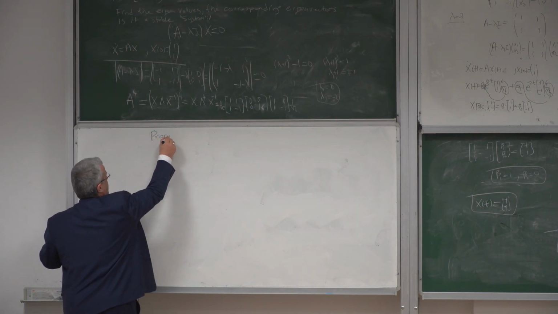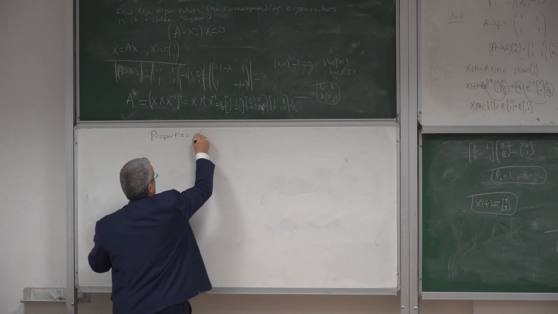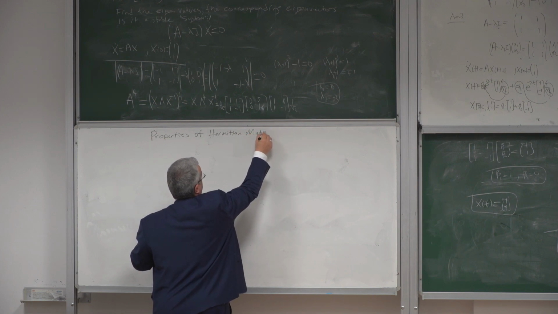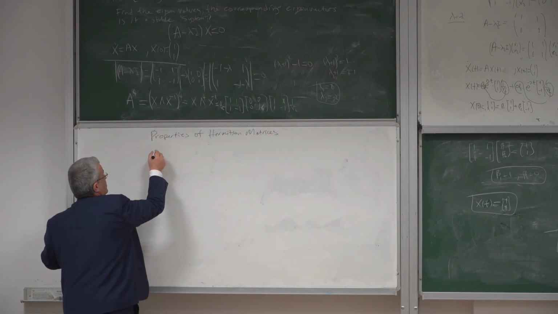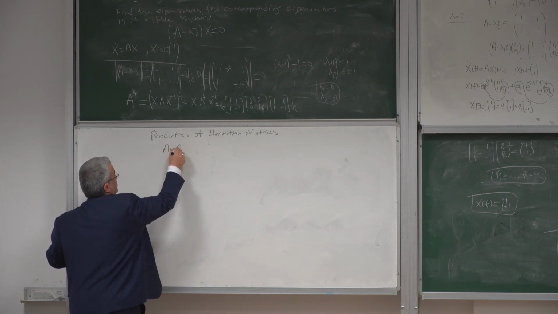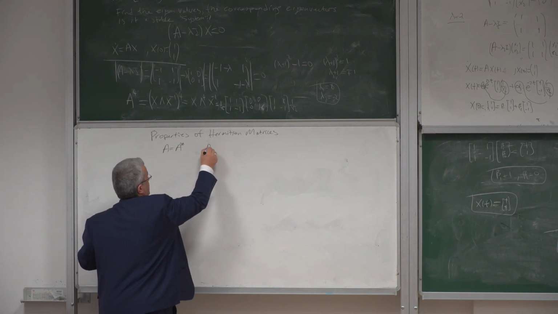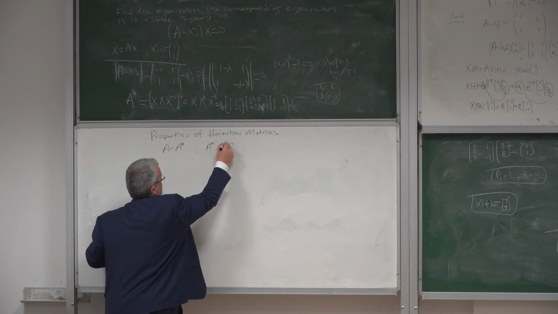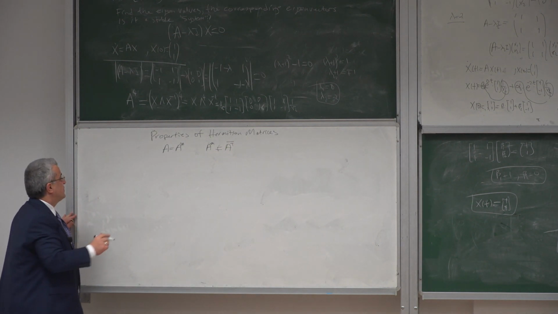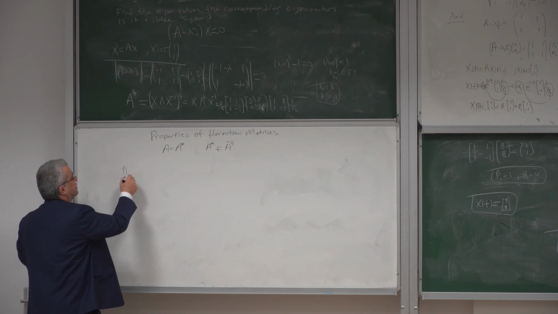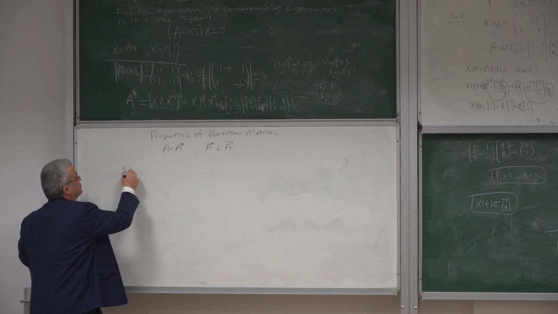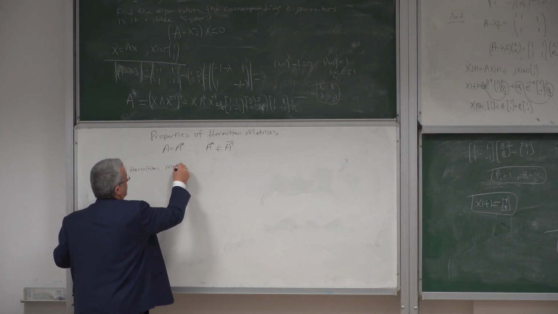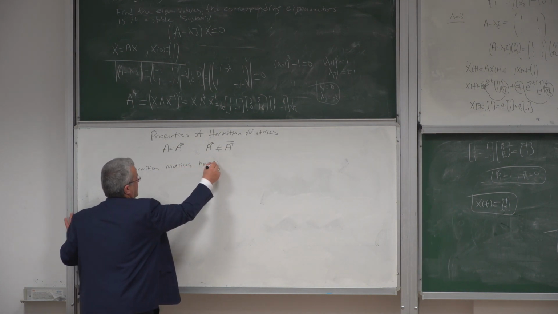So, properties of Hermitian matrices. A Hermitian matrix means A is equal to A star, meaning A star is A transpose conjugate. Okay? So the first property is that Hermitian matrices have real eigenvalues.